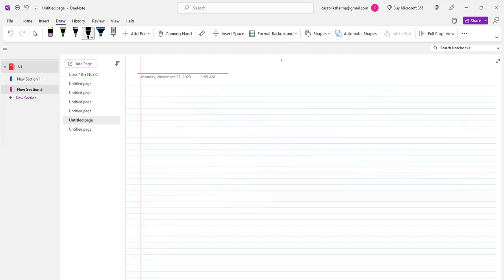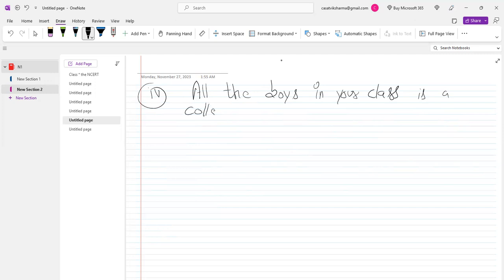The collection of all boys in your class. You can easily identify the boys in your class, I guess. So this is a collection of well-defined objects: all the boys in your class is a collection of well-defined objects.